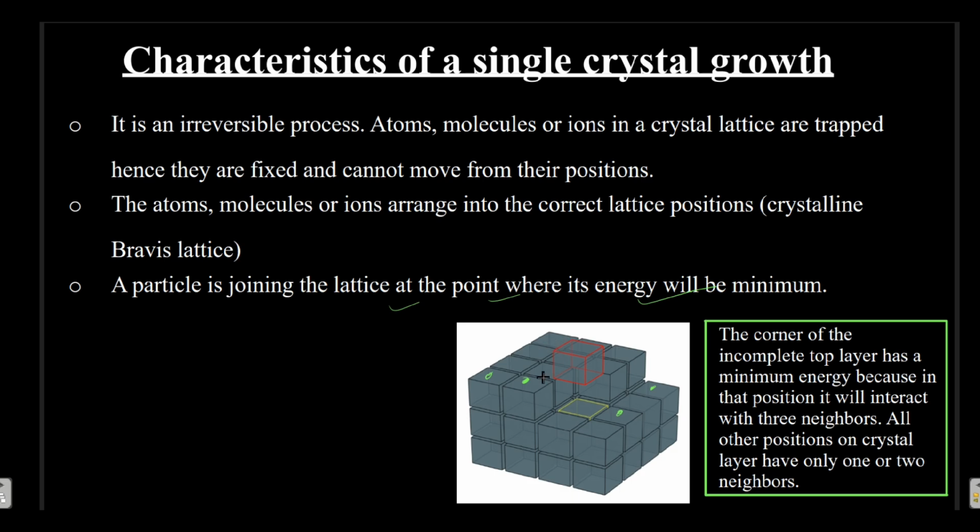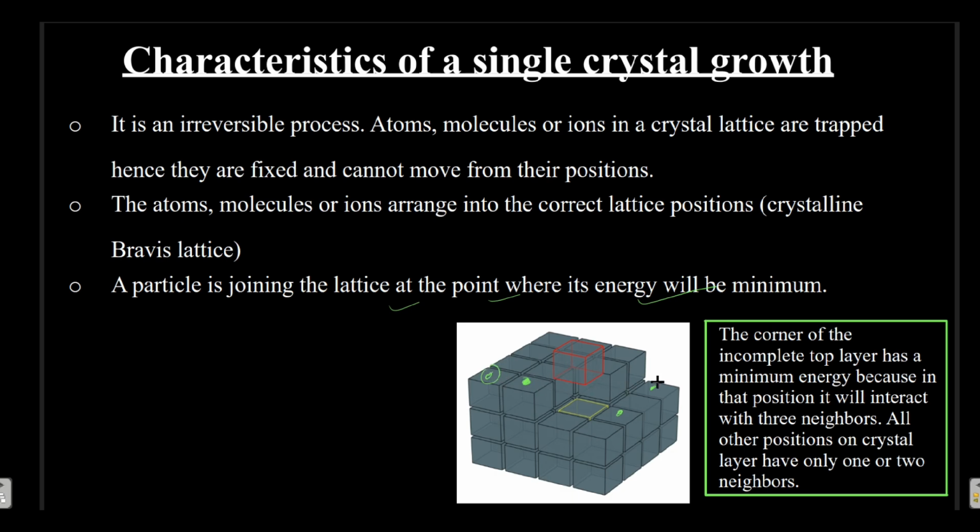Suppose this atom or particle came over here, then what would happen? One face of this atom and one face of this atom, that is the bottom face, would join, and all the other faces will be exposed, not having any interaction with anything. The same thing will happen over here. That means only one face will be connected.